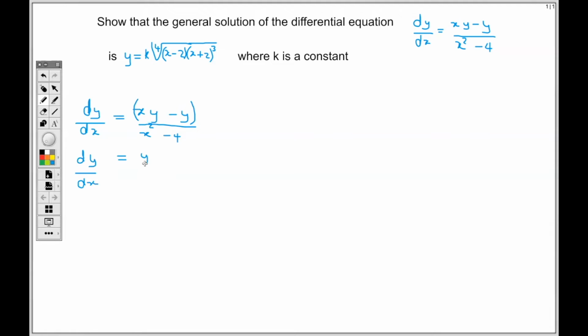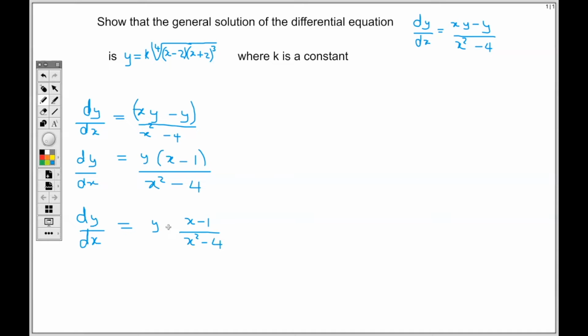Factoring out my y, it means y has been removed, so I'm left with x minus, remove this y, so I'll have 1 in this position, all over x squared minus 4. Now, this is the same as y times x minus 1 over x squared minus 4. So I can rewrite this as a product where it's y times a fraction, x minus 1 over x squared minus 4, and it's the same thing as above.